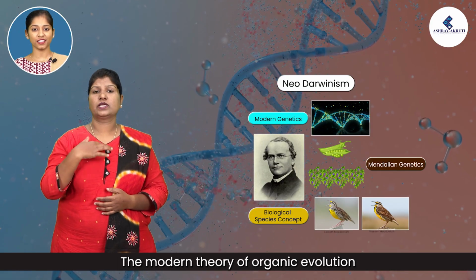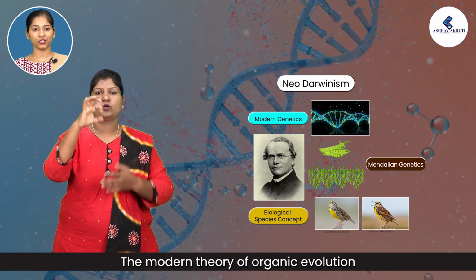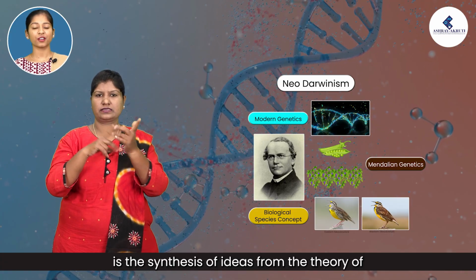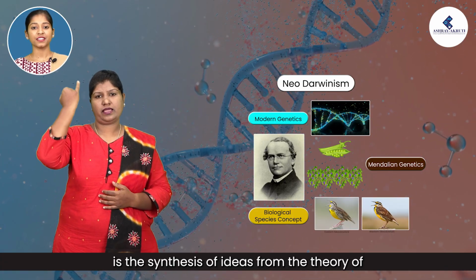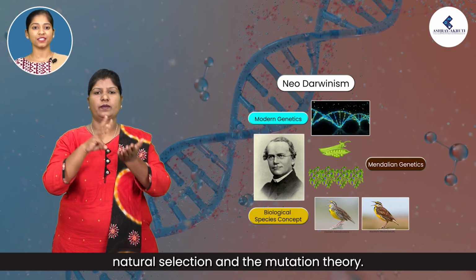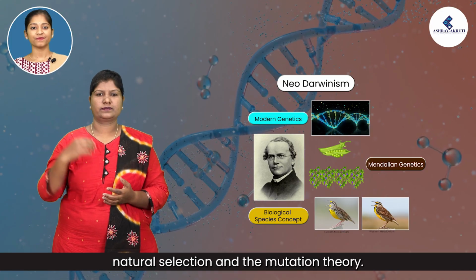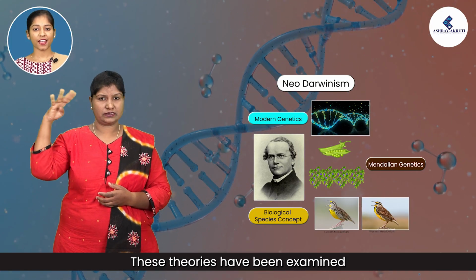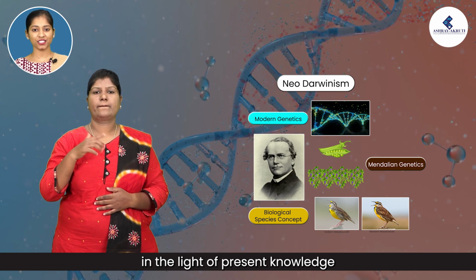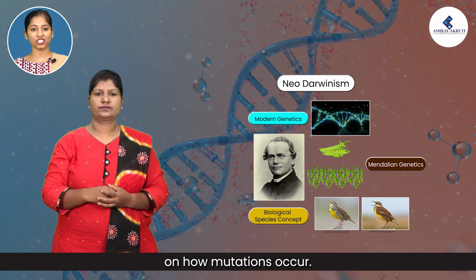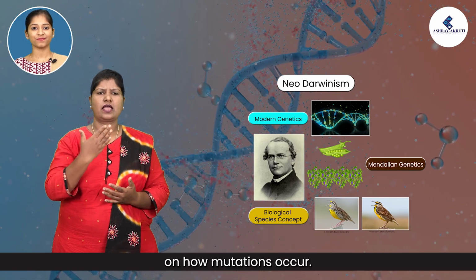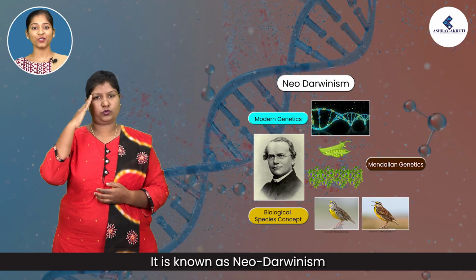The modern theory of organic evolution is the synthesis of ideas from the theory of natural selection and the mutation theory. These theories have been examined in the light of present knowledge on how mutations occur. It is known as Neo-Darwinism.